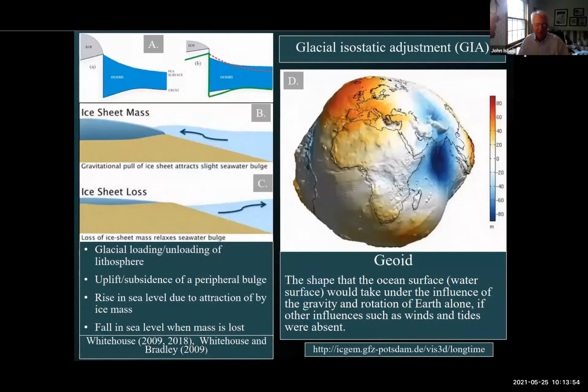Okay, so what's the response of sea level? Typically, I've always thought of it as this equal layer of water distributed around the entire globe. But if we're looking at the Pleistocene and the Holocene, and we're trying to get at sea level change, it's really something called glacial isostatic adjustment if we want to understand what sea level is doing in any one place.